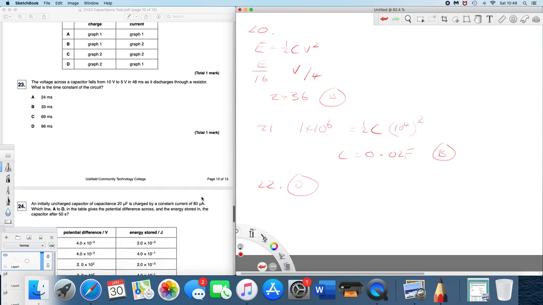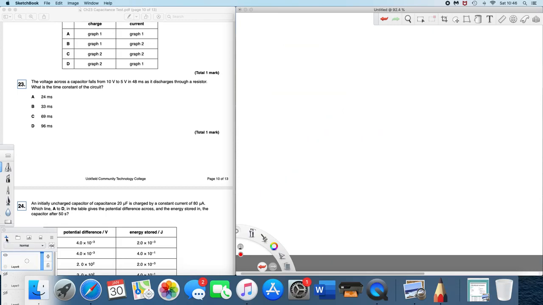23. The voltage across the capacitor falls from 10 to 5 volts in 48 milliseconds as it discharges. What's the time constant? Well, let's do the equation. V equals V naught e to the minus t over CR.